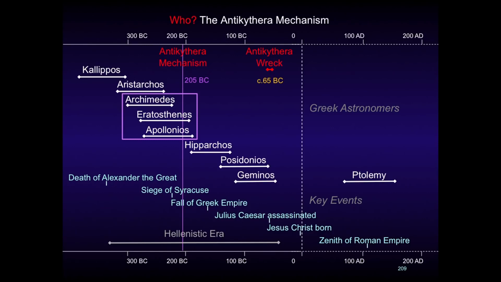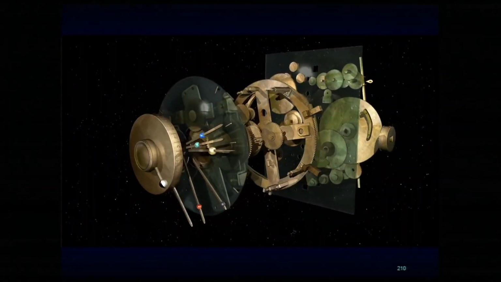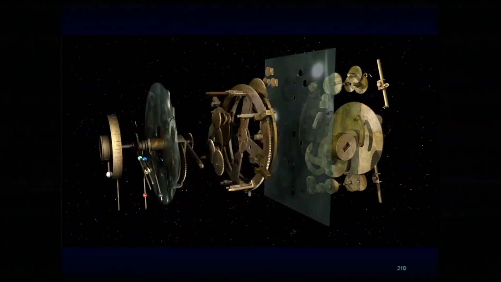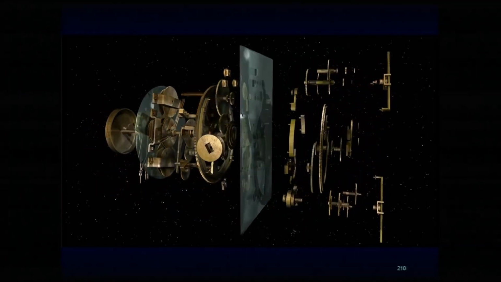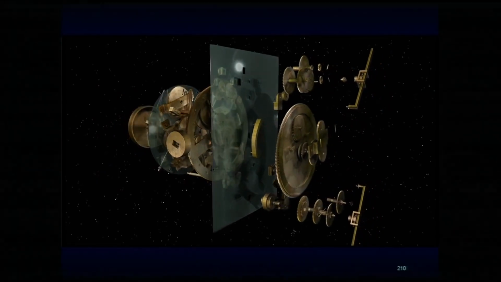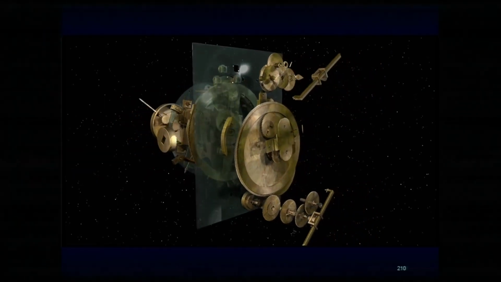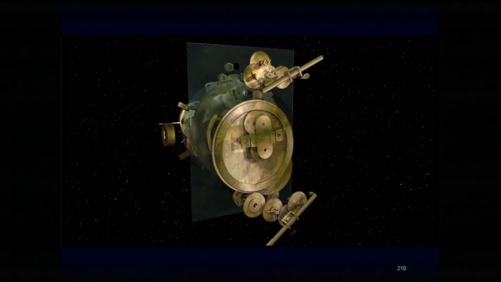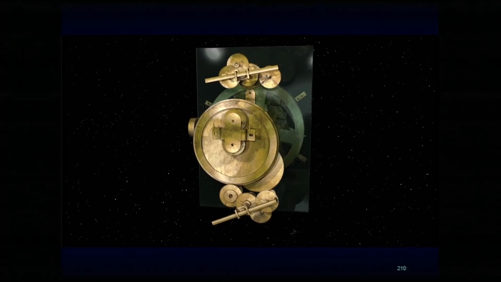I'm going to finish on an animation of the mechanism, which is an exploded diagram which comes together to form the mechanism. Nearly all of this gearing, particularly gearing at the back, is now established. The planetary gearing at the front is conjectural, but something calculating the planets was almost certainly there.